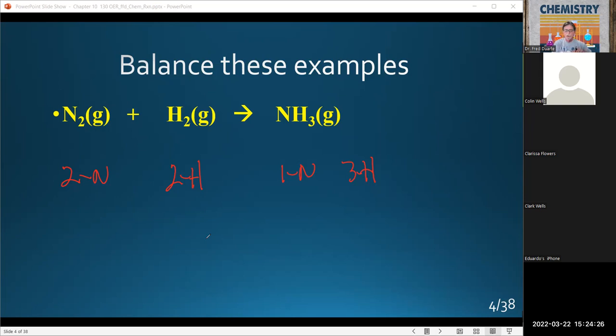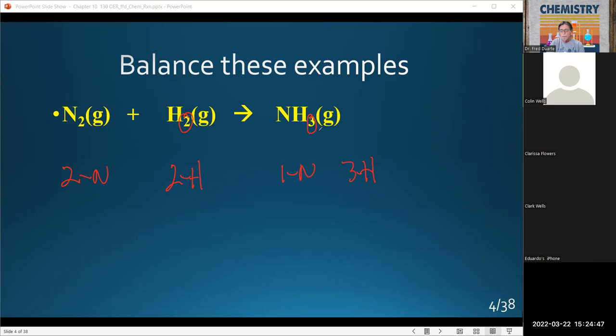Nothing is balanced. All right, so you can attack this problem a couple of ways. First thing I notice is that I have a relationship here. When I look at hydrogens by themselves, I have 2 on the left and 3 on the right as products, right?